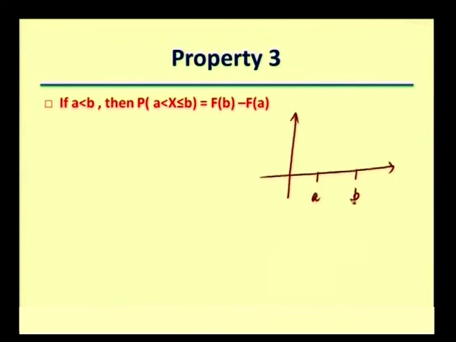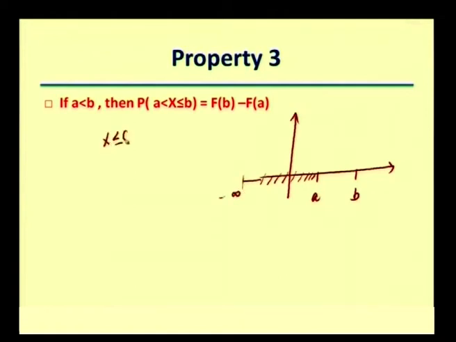Suppose you take the point a here and take the point b, because a is less than b, you have to take a first and then b. Okay. So, x less than or equal to a represents this, up to minus infinity.